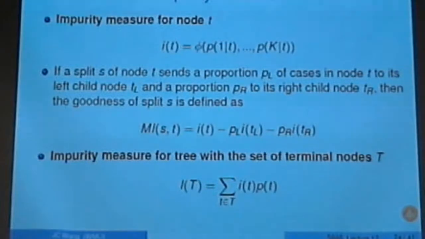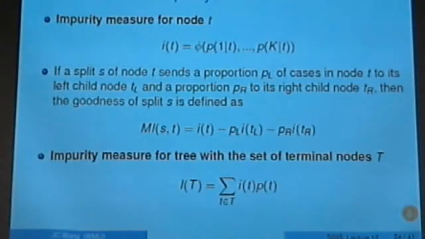So that's why this is called the measure of the goodness of split. Now, if it turns out that the weighted average is near the impurity of the parent node, you didn't get much, right?